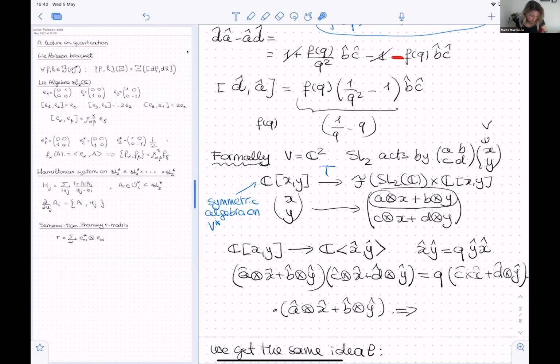Oh, Jan has found it already in the chat. Brilliant. Thank you, Jan. This doesn't allow us to view the book, but maybe we can see inside and I can tell you which part.